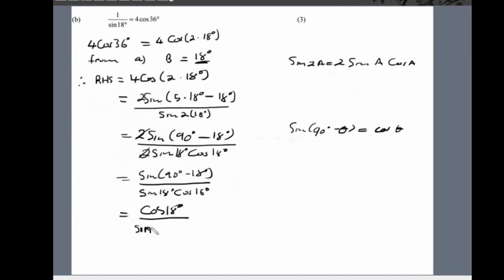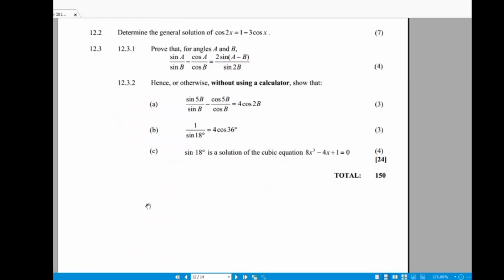So in the denominator we have sine 18 cos 18. This cos and that cos will cancel, so this will be 1 over sine 18 degrees, which is equal to the left hand side. Okay, so we have proved that the left hand side and the right hand side are equal, right? Now I believe the tricky one is question C.